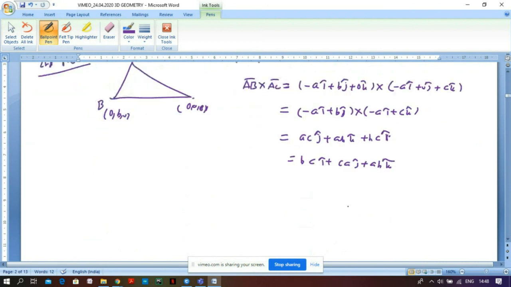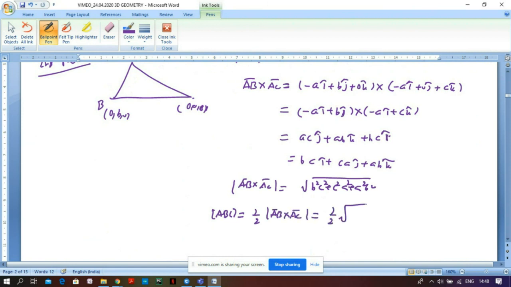And this magnitude is nothing but the square root of b square c square plus c square a square plus a square b square, and the area of triangle abc is 1/2 of that, so half times ab cross ac, and that is 1/2 of the square root of b square c square plus c square a square plus a square b square.